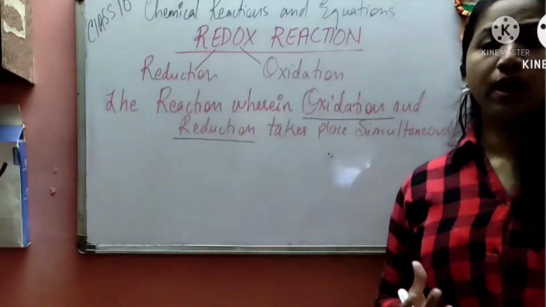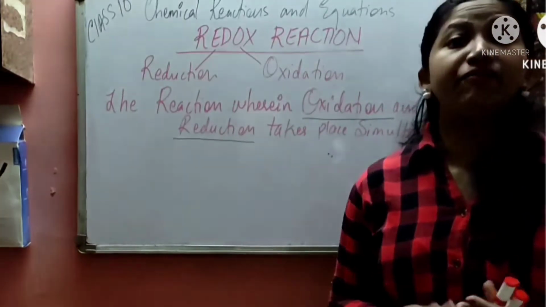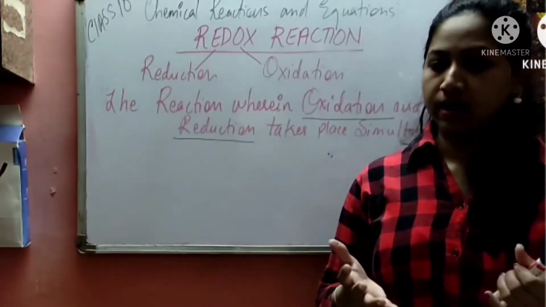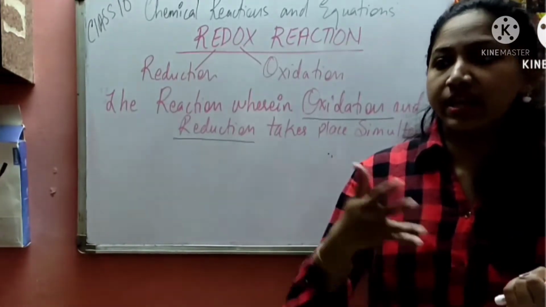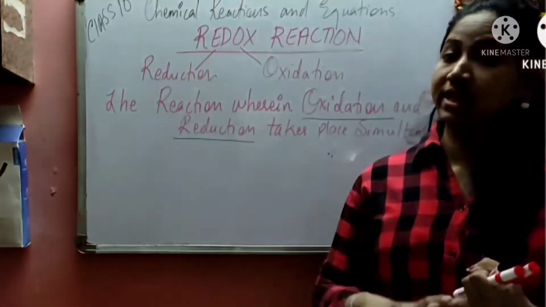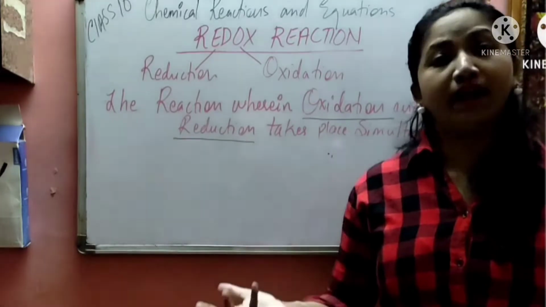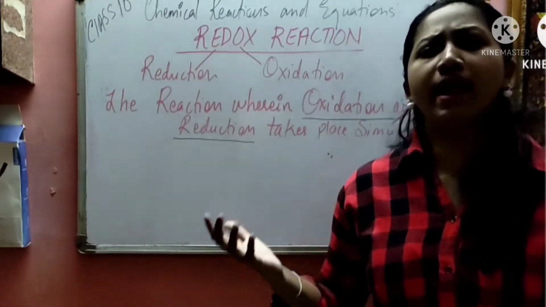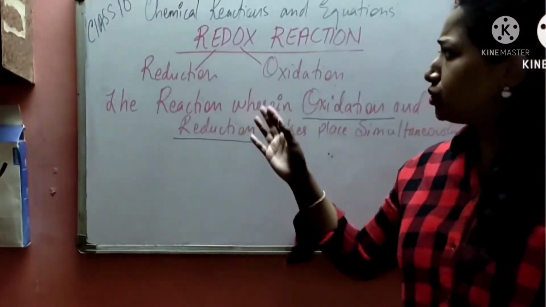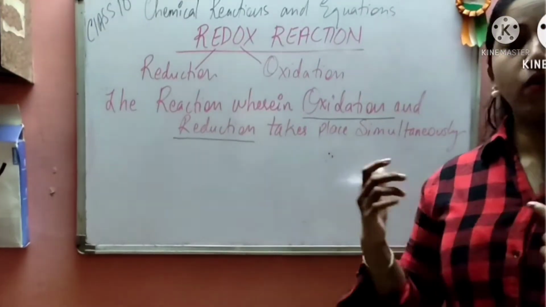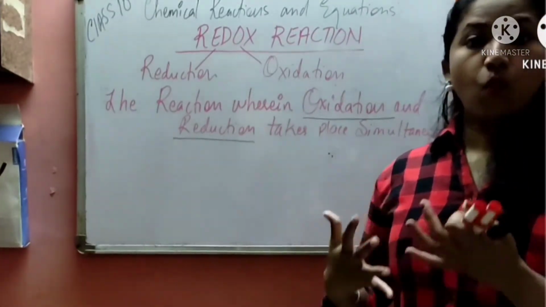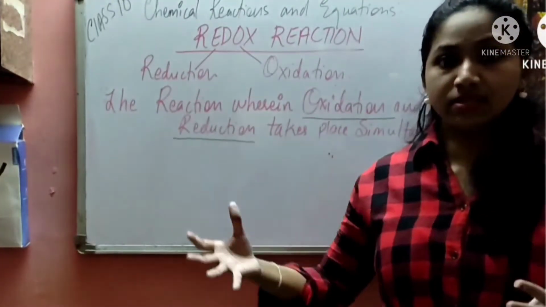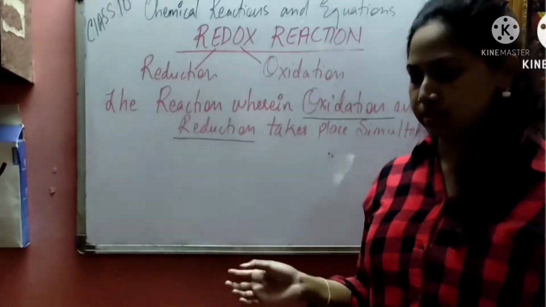Here, guys, there are basically three definitions of oxidation and reduction: in terms of oxygen, in terms of hydrogen, and in terms of electrons. Now we are going to see redox and oxidation in terms of these three things.